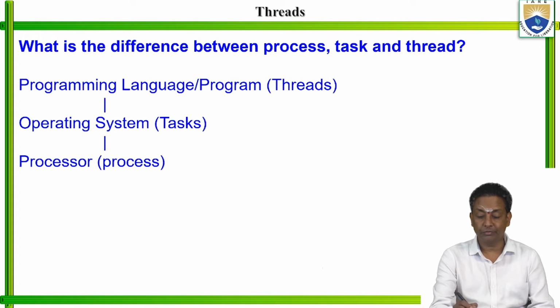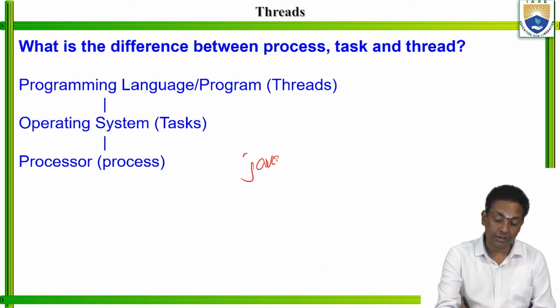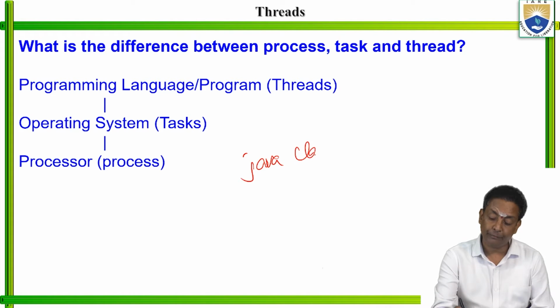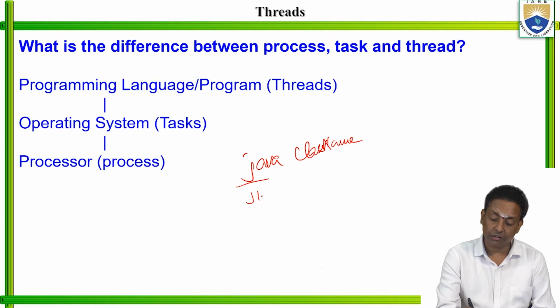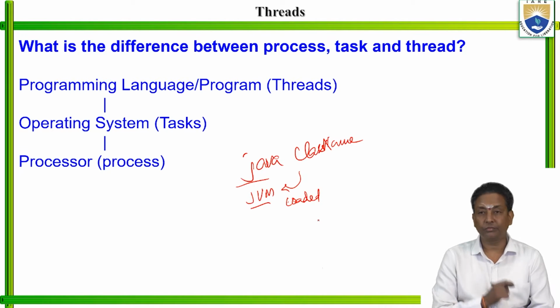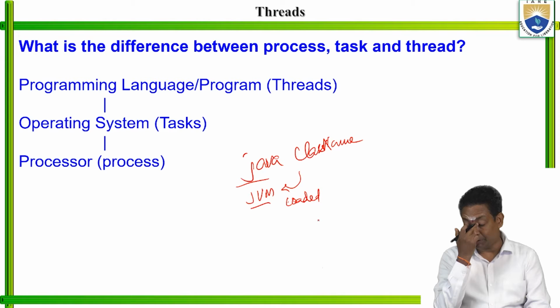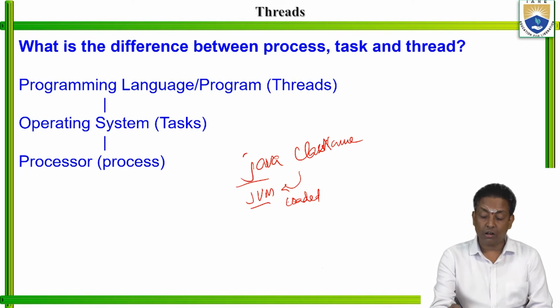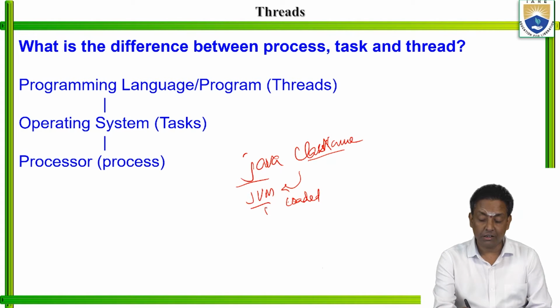When we type java, then a space, and give any class name, the Java virtual machine will start, JVM will start, and this class, our Java class, will be loaded into it. So our classes run in the JVM.